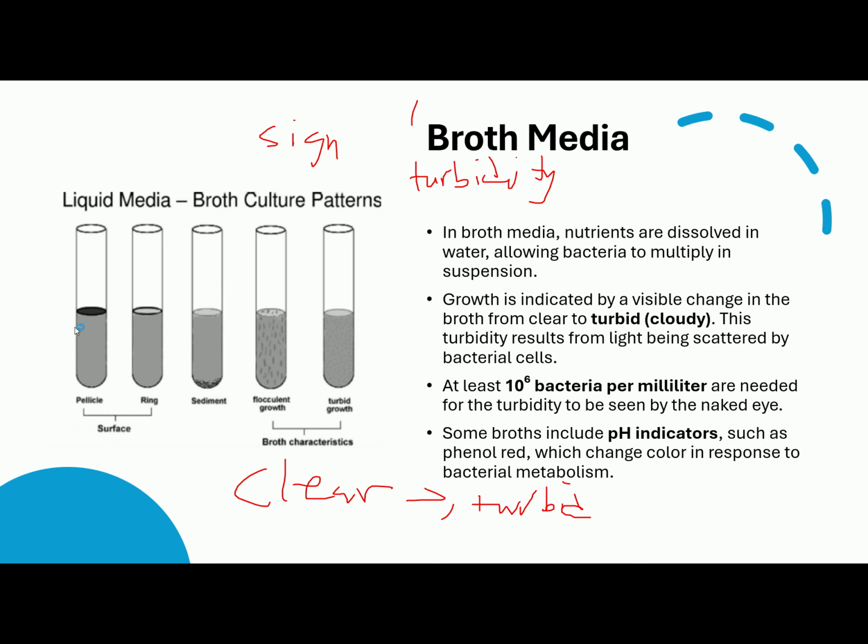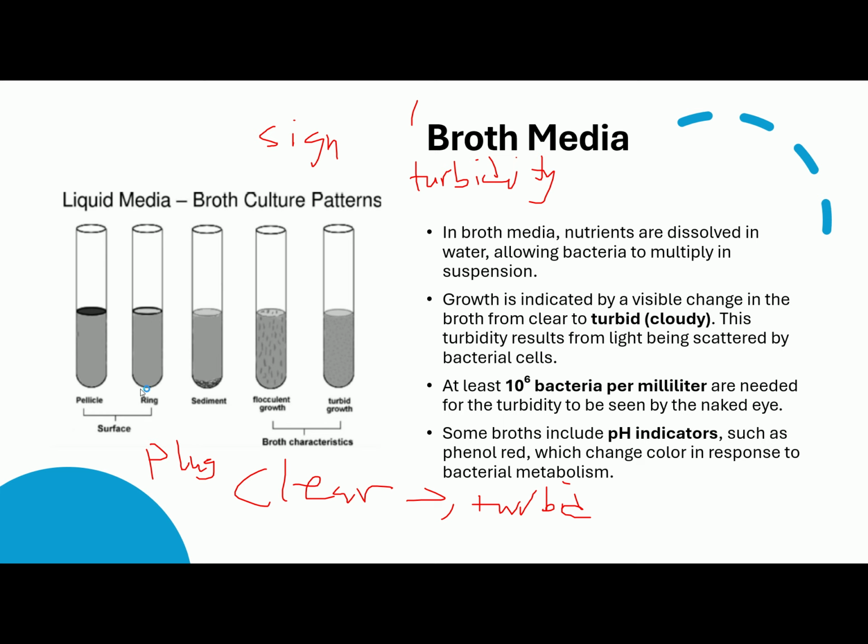If you look at the surface of the broth, yung liquid media ninyo, if there is a formation of a pellicle, yung pellicle para siyang plug. Parang bacterial landmass. May landmass doon sa pinaka-top ng broth media ninyo. That's a sign of bacterial growth.